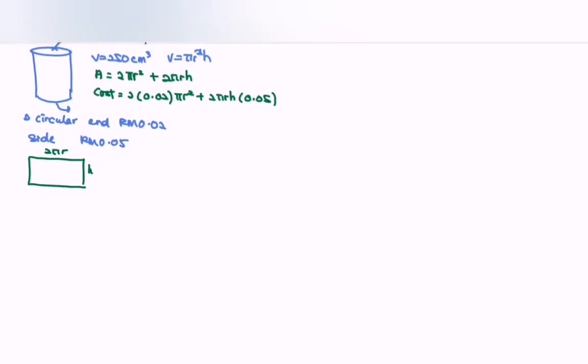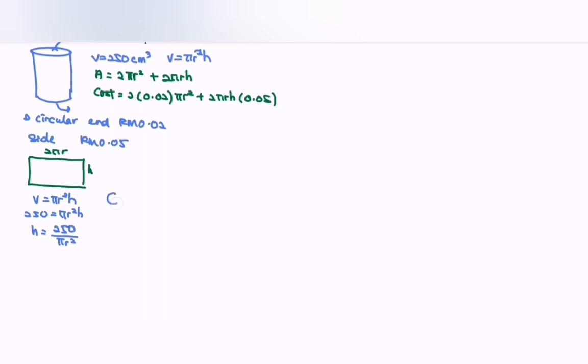So here we have the information given. Focus on the volume first. We have V is equal to pi r square h. Substitute the 250, then we have 250 equals pi r square h. Let's say we express h as a subject, so we have 250 over pi r squared. Next, what we have to do is to substitute the situation into the situation for cost.